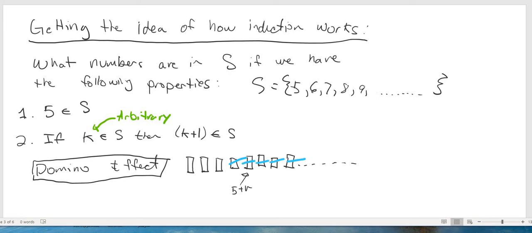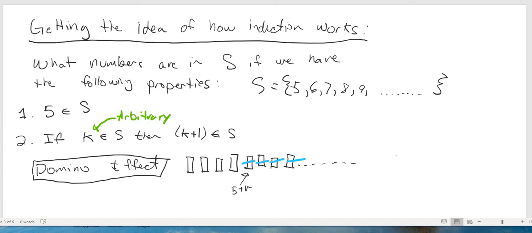It starts here, so that's the 4th one. Let me erase that one. Starting with the 5th one, if you tip over the 5th one, the rest fall. So it's automatic. It's basically what's going on here. Once you know you have 5, 6 has to be in there. But if 6 is in there, automatically 7 is there, 8 is there, 9 is there, and so on and so forth.